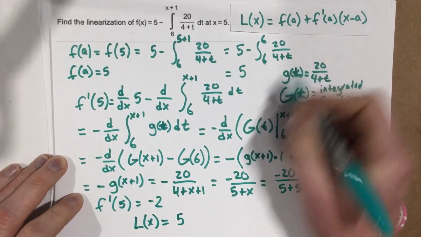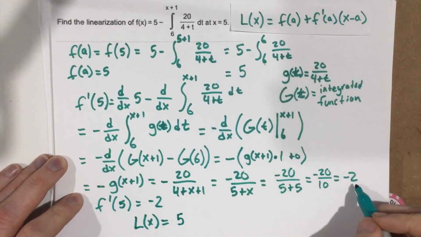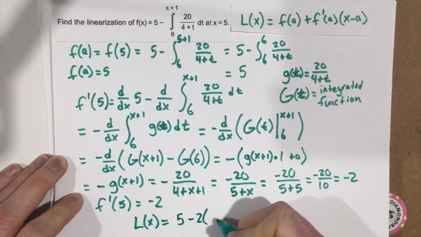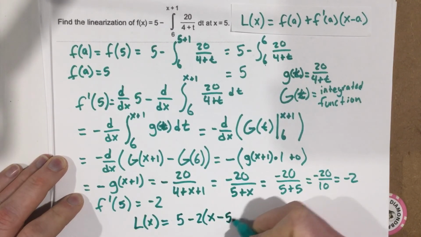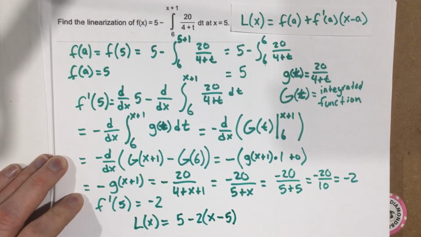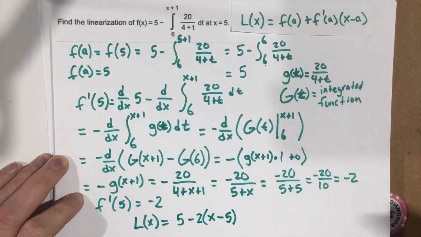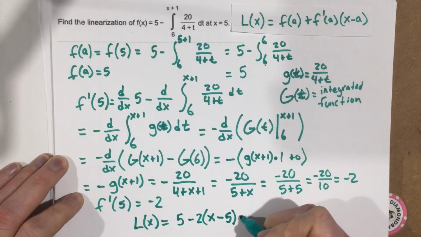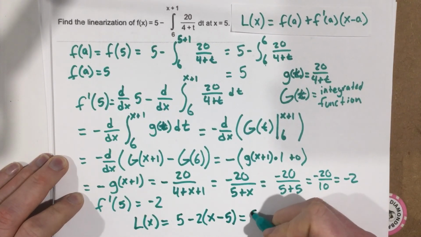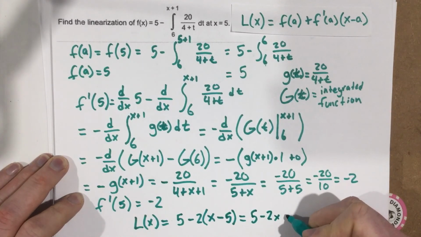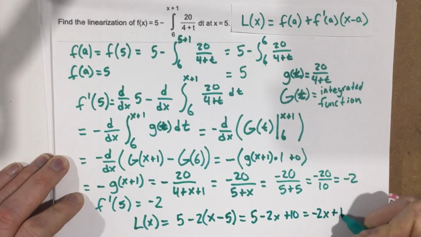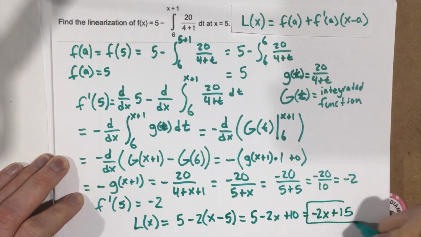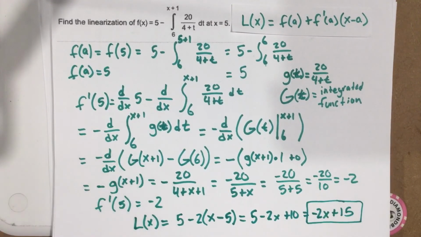Well, in this case, I have f prime of a is negative 2, so 5 minus 2, and it's x minus 5. So I can then distribute, and I end up with 5 minus 2x plus 10. So I end up with negative 2x plus 15. And that's the linearization for this problem.